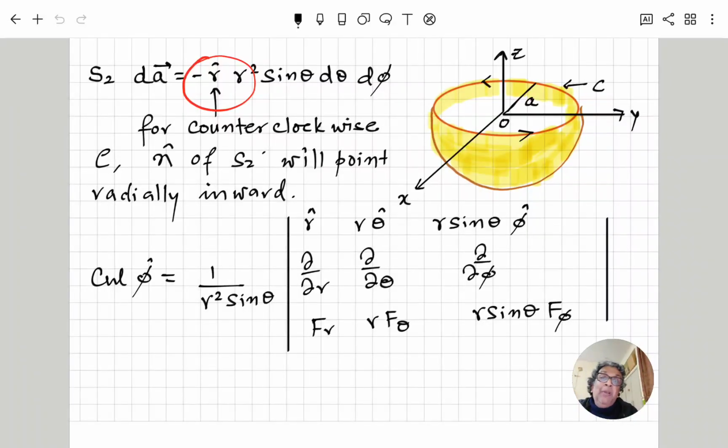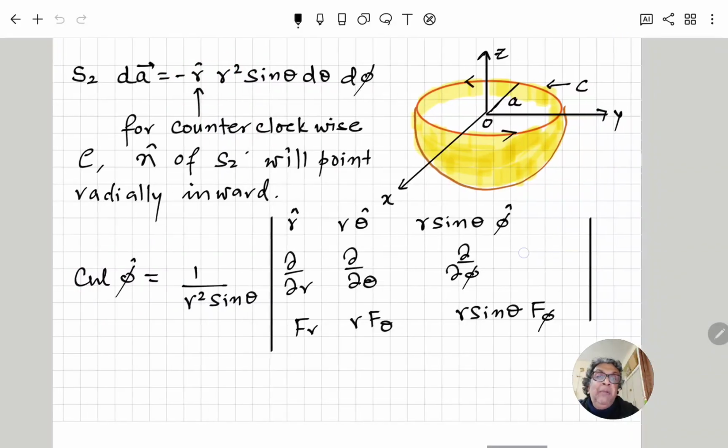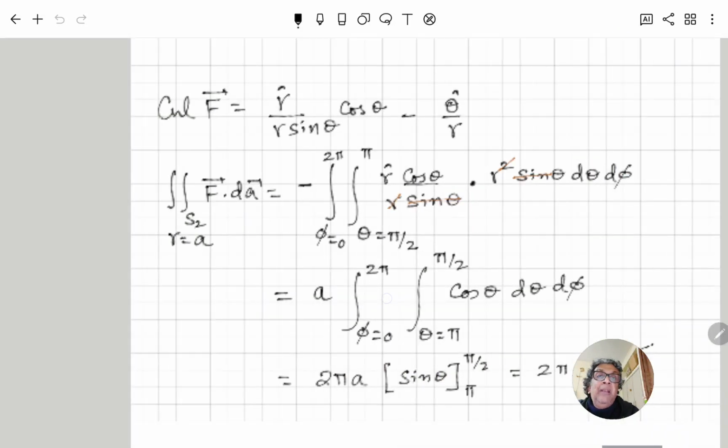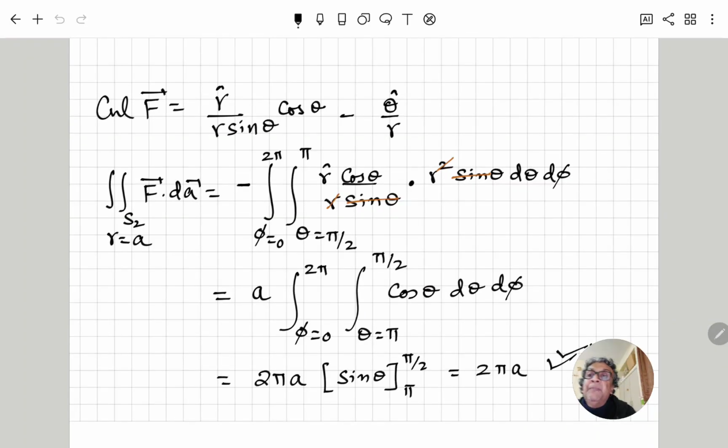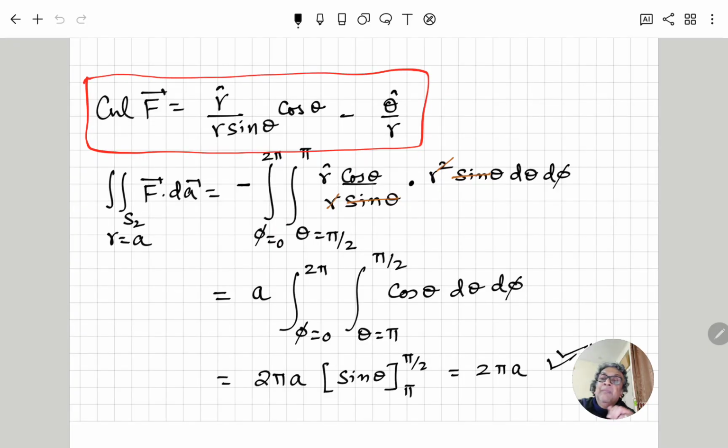So now, because the geometry of my capping surface is spherical, it's a good idea to calculate, or rather recalculate, the curl of phi cap in the spherical polar system. So this is a general expression you can recall again, and with the help of this I find the curl of f in the spherical system as this much: r cap by r sin theta into cos theta minus theta cap by r.